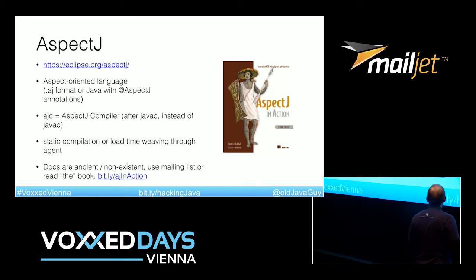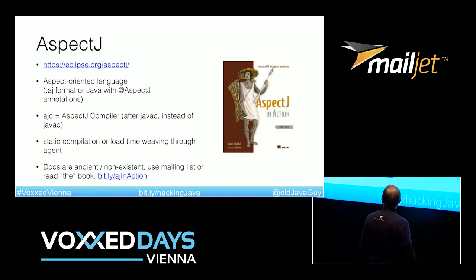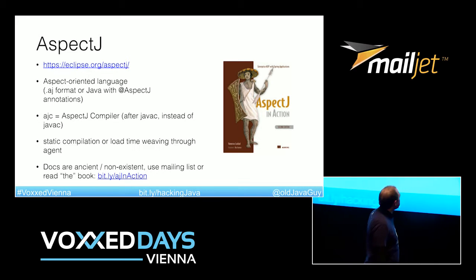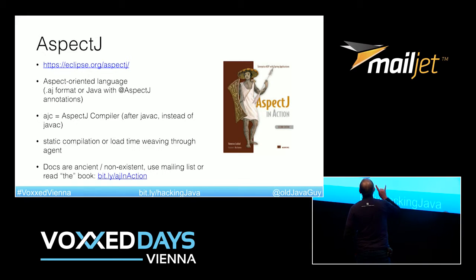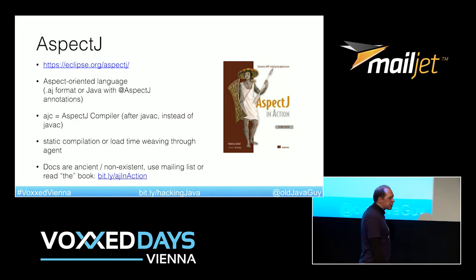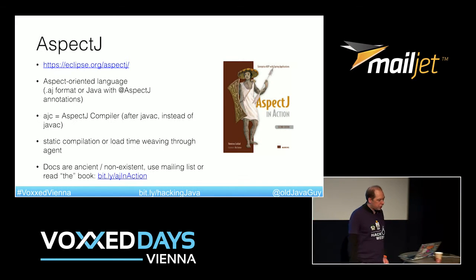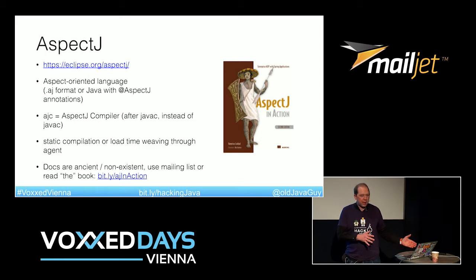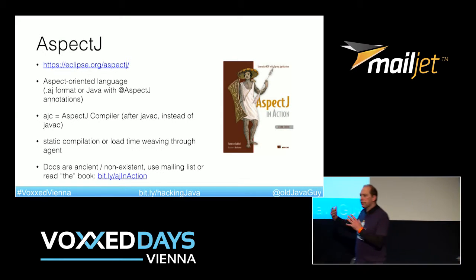So it comes in two flavors, and I'll be using the traditional flavor here because with the Java flavor there's a lot of confusion, because the Java AspectJ syntax is also used by Spring AOP. Spring AOP uses the AspectJ annotations to do a different thing. So what AspectJ does at compile time, Spring does a subset of that at runtime.